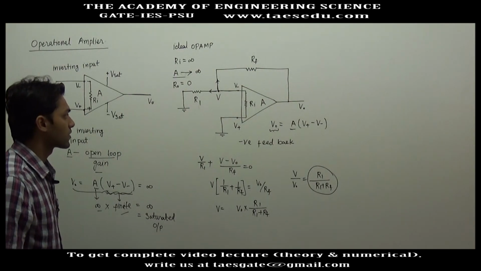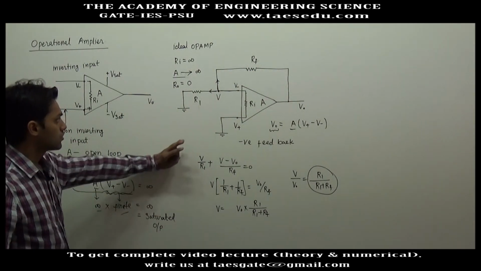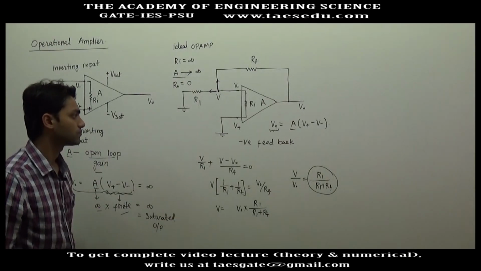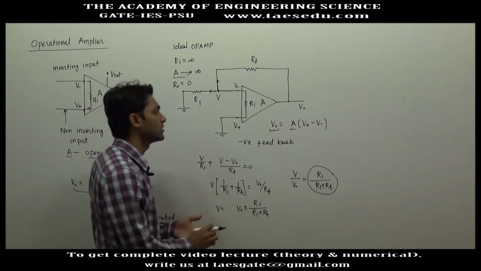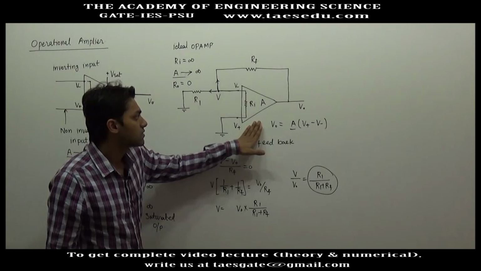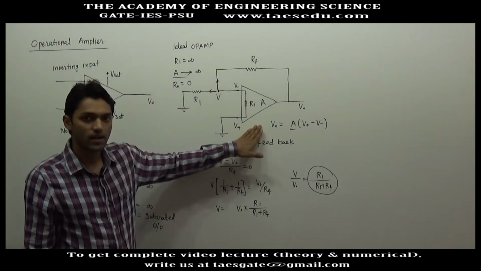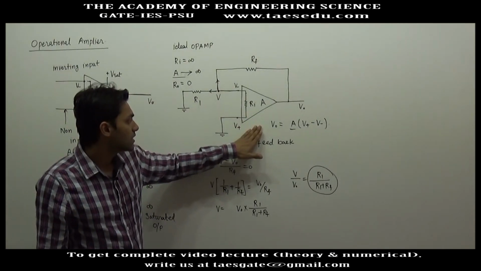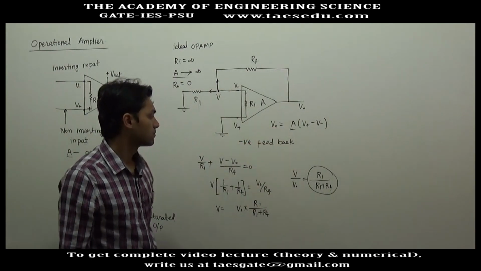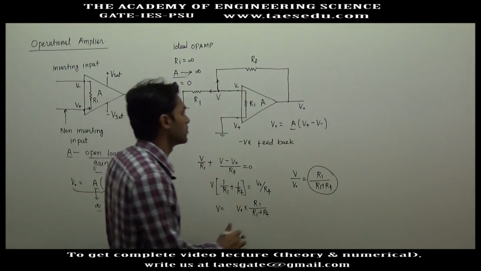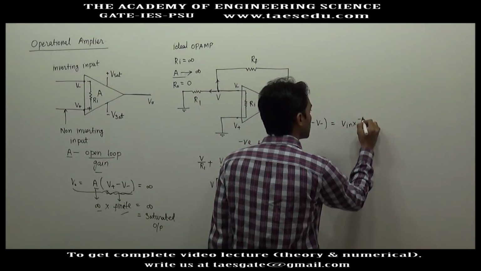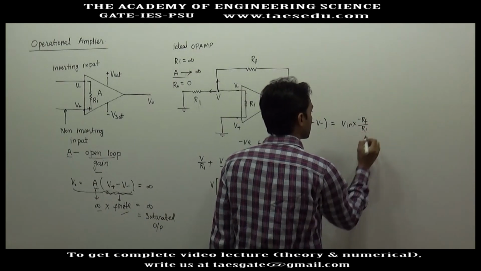What we have to study, I hope you understood negative feedback, is that if this ideal op-amp is connected with negative feedback, its output will be finite, and we will derive the formula for the output as input into minus RF divided by R1.